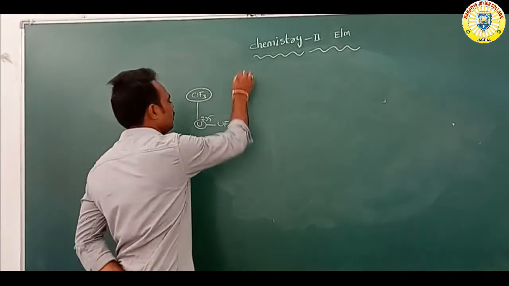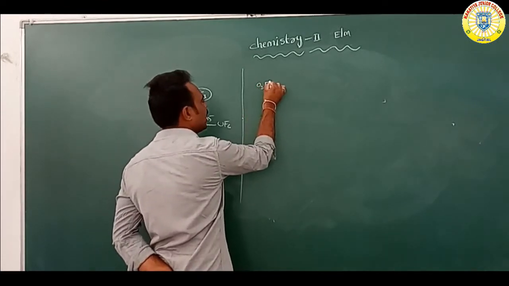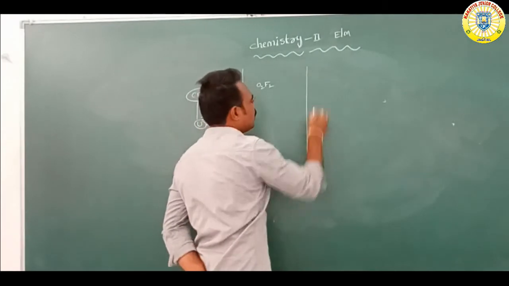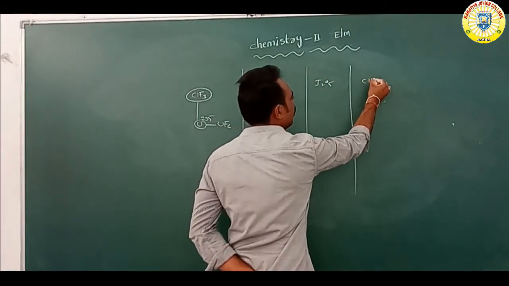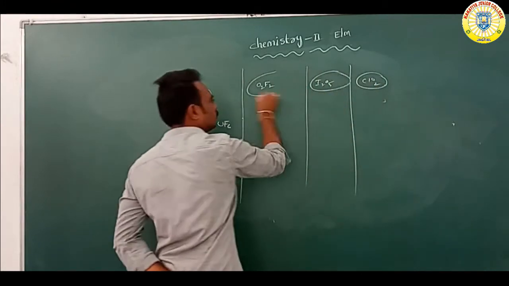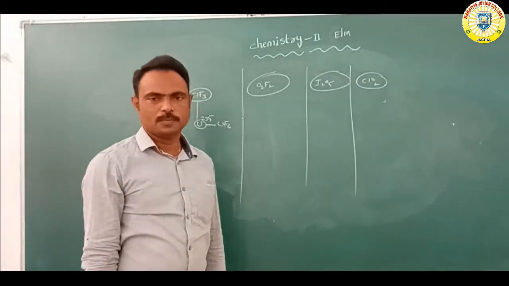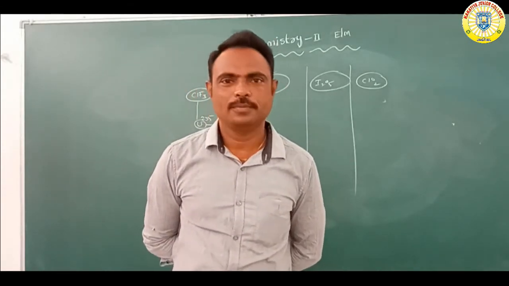Next, very important compounds: O2F2, I2O5, and ClO2. What is the use of O2F2? It is dioxygen difluoride.